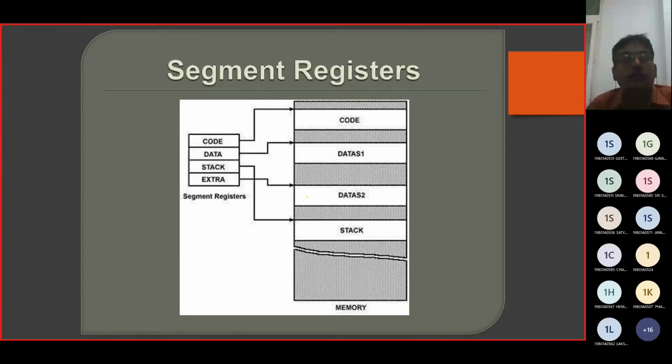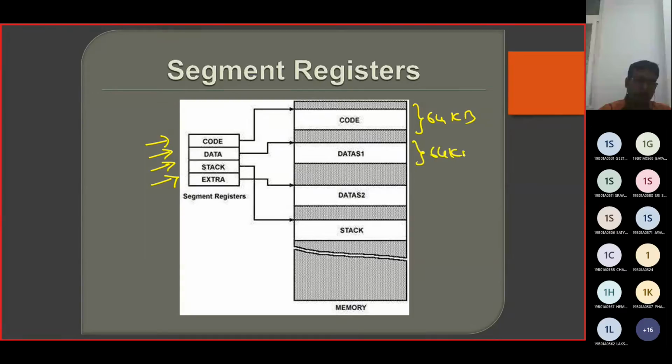This gives a clearer understanding that we have segment registers: code segment, data segment, stack segment, and extra segment, and each of them occupies 64 KB, while the entire memory occupies 1 megabyte.